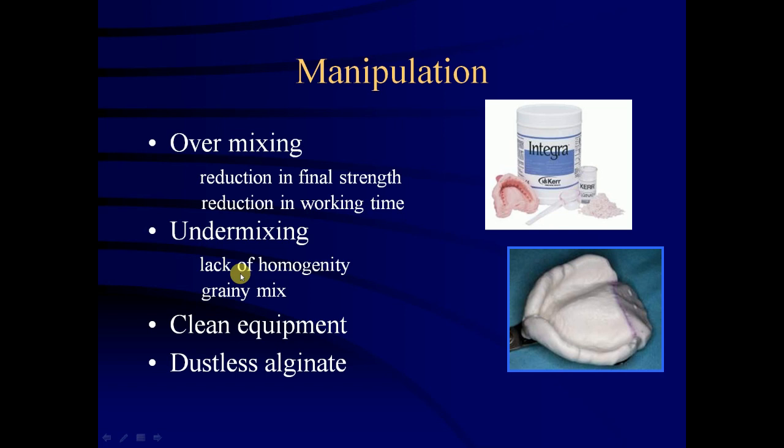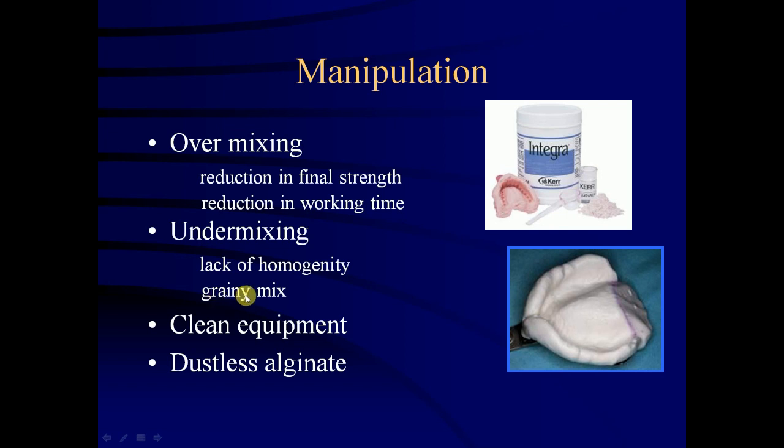Overmixing and undermixing. Overmixing leads to a reduction in the final strength and a reduction in the working time. In the same way, undermixing results in a granular, or grainy, mix. It leads to a lack of homogeneity.